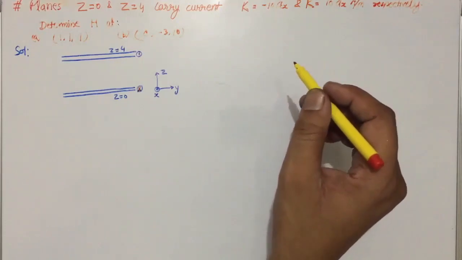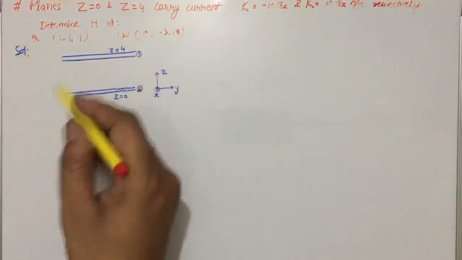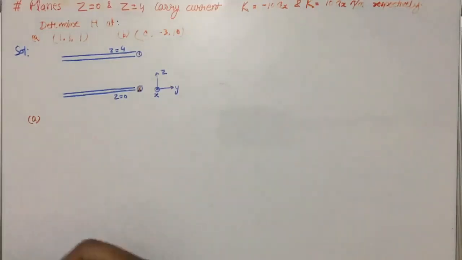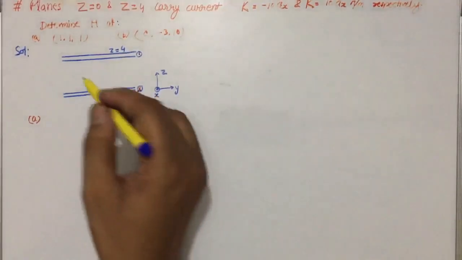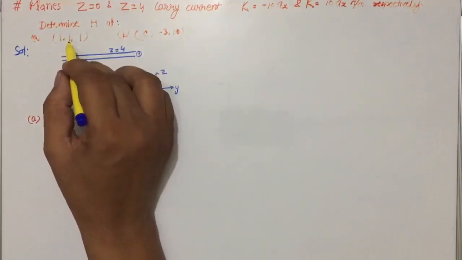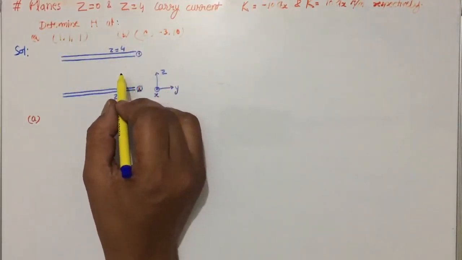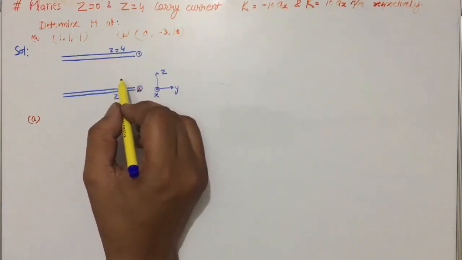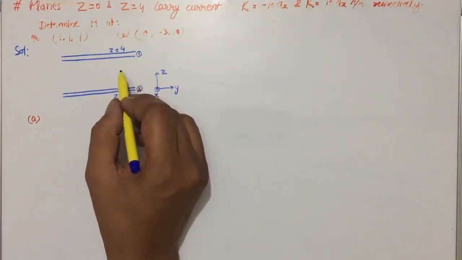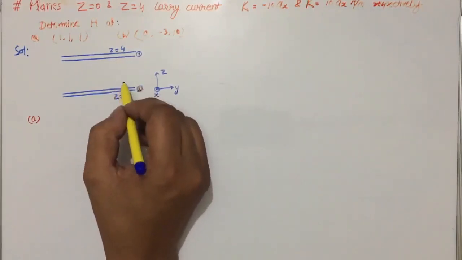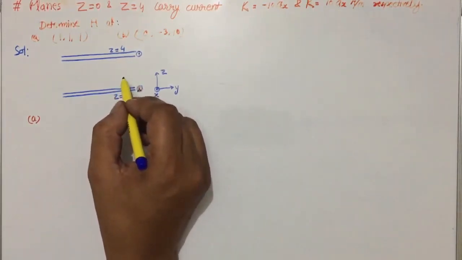Now we have to find the H for case A. For case A, the point of interest 1, 1, 1 lies, means in XY plane it is 1, 1, and Z is equal to 1. So Z is equal to 1 means the point lies between this region, somewhere here, for example.